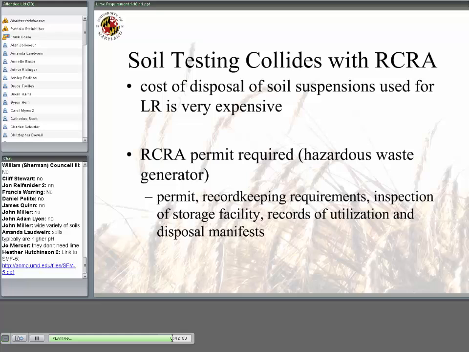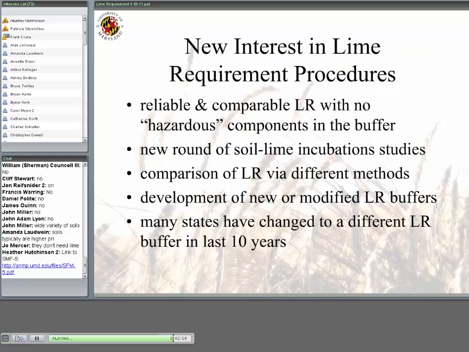So when soil test labs realized that they came under the jurisdiction of the EPA under the RCRA statutes, many of them decided that they needed to look at their lime requirements and their lime procedures and see what could be done to get them out of that group of people.